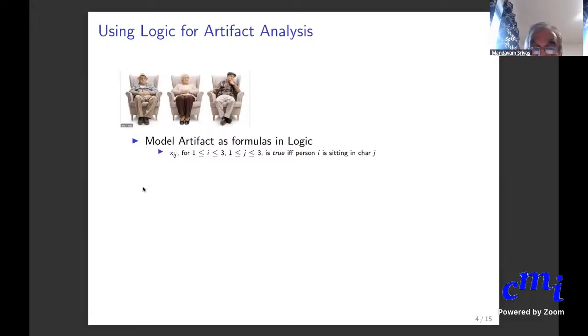As you can see, there are only finitely many possibilities here. Because there are a finite number of chairs and a finite number of people to be seated, you can model these constraints using a finite number of propositions.